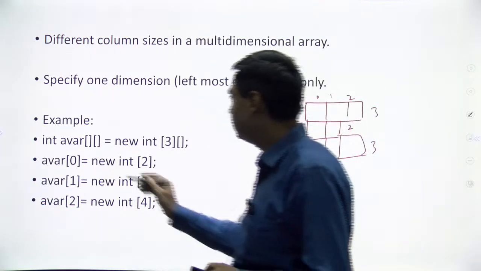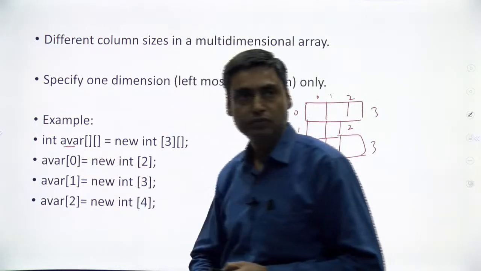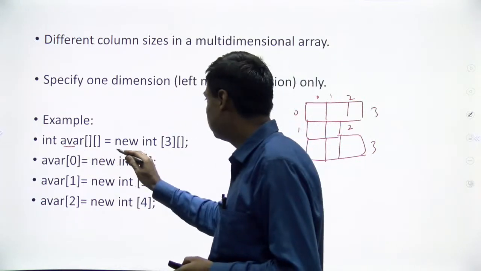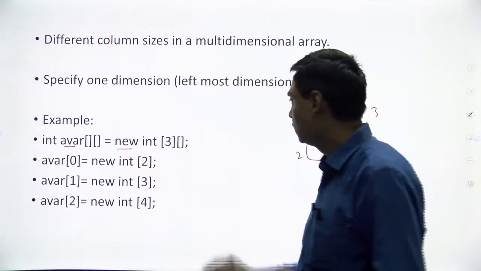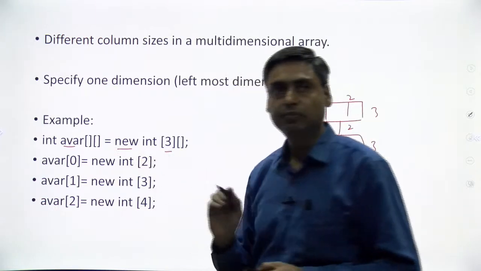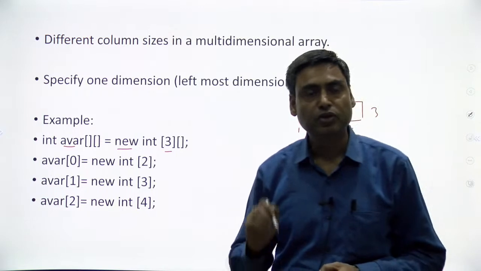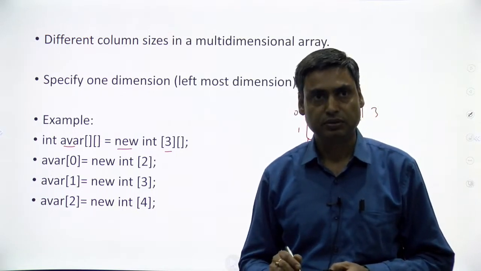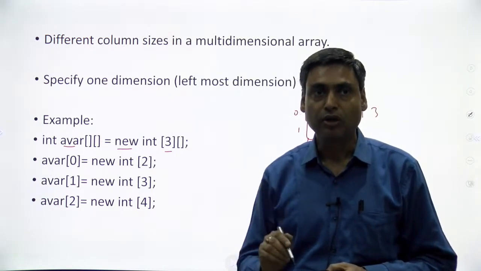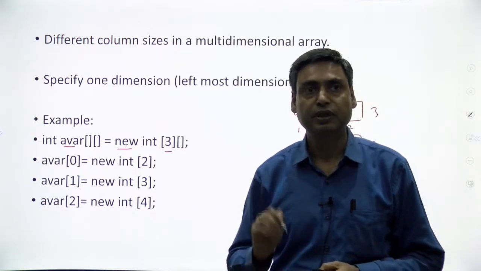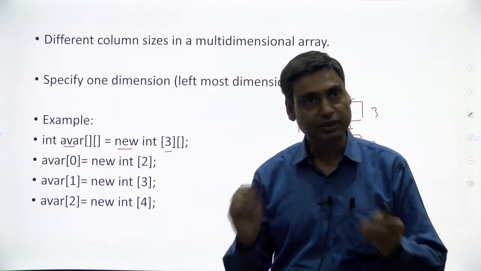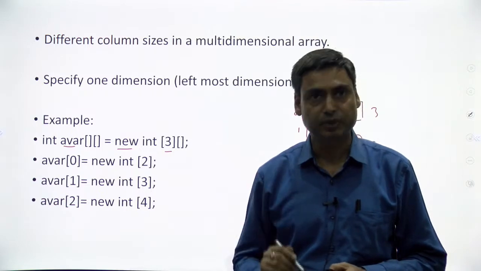So we have created a variable avr, then we have the new operator, then int 3. Now a very important part is here. Whenever you are going to create an array with different columns, it is a 2-dimensional array but the number of columns is different.